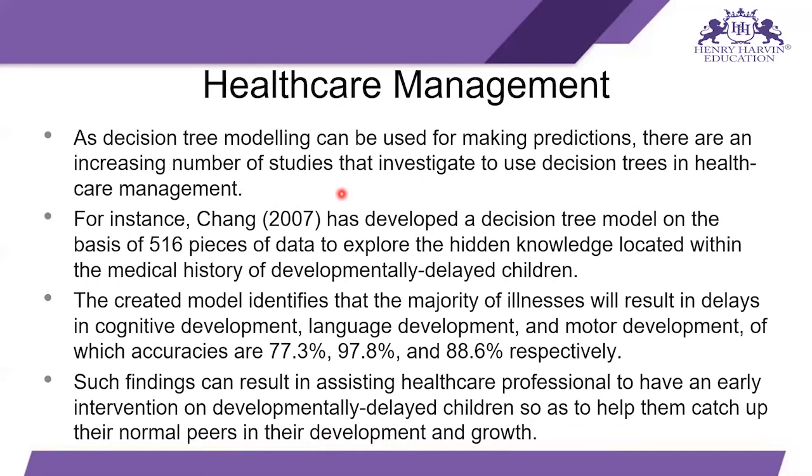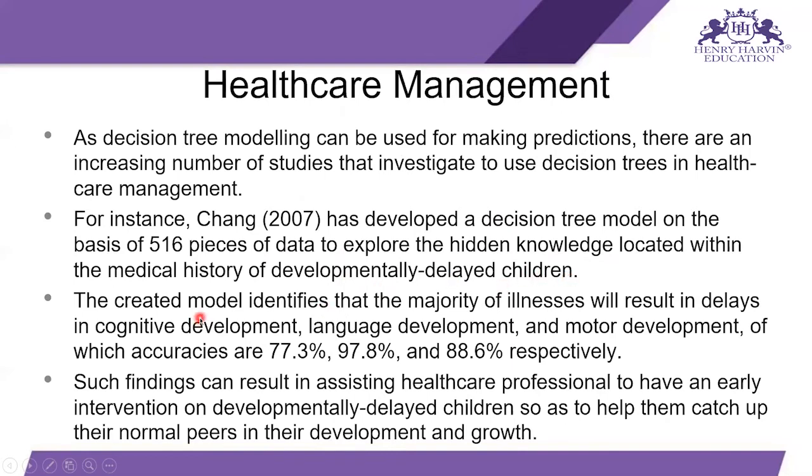For instance, Chang 2007 has developed a decision tree model on the basis of 516 pieces of data to explore the hidden knowledge located within the medical history of developmentally delayed children.